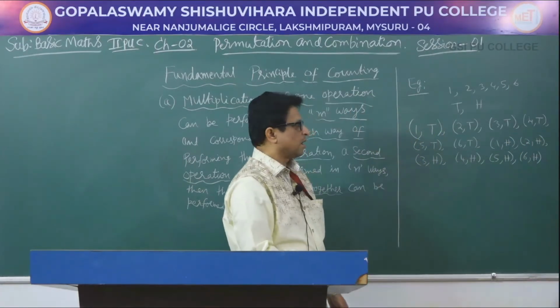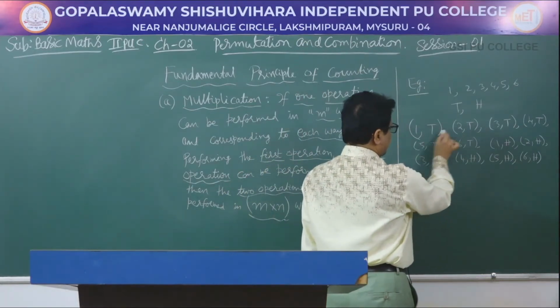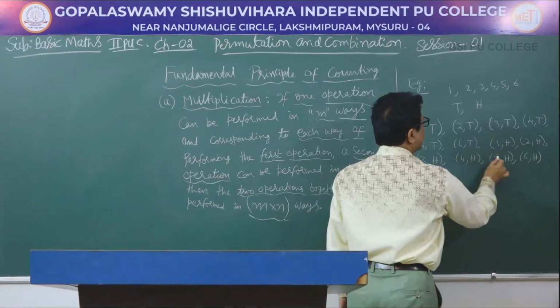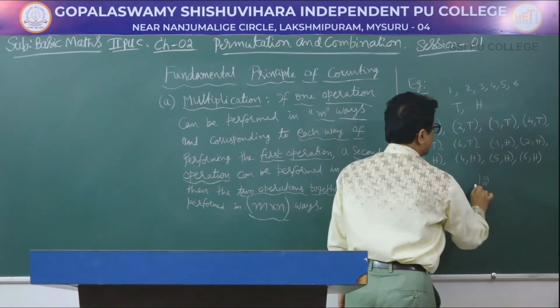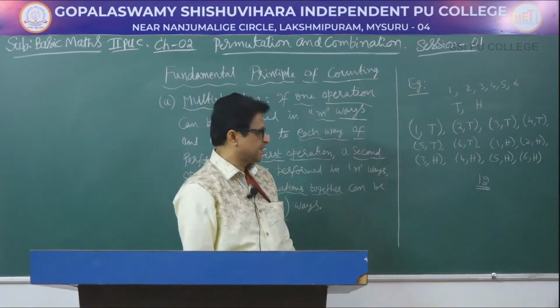If we count the outcomes, we have 1, 2, 3, 4, 5, 6, 7, 8, 9, 10, 11, 12. So, the total number of outcomes is 12.